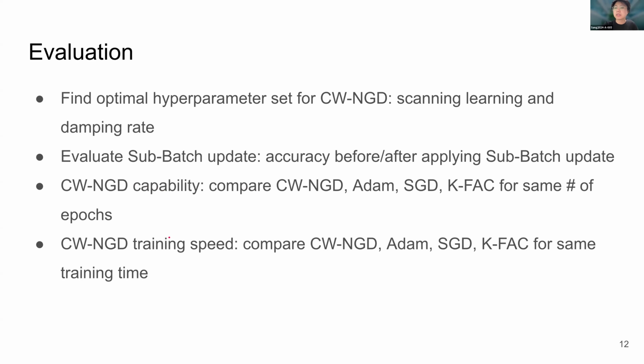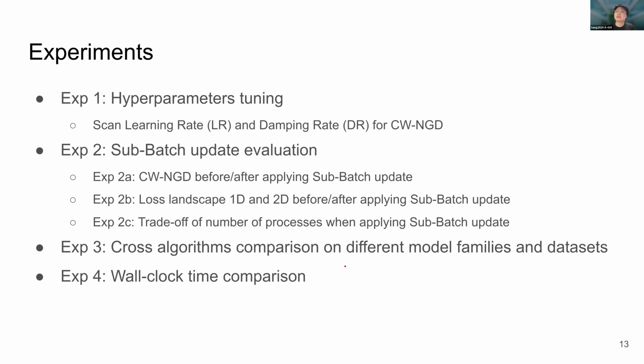And in the last experiment, I did an early measurement of the wall clock speed of the algorithms. Here is the list of experiments, so for details, let me skip this slide.